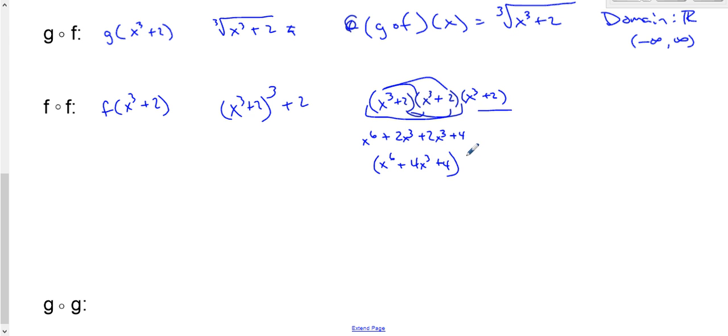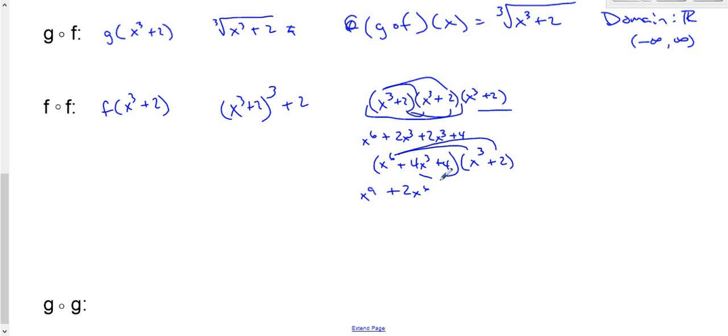And then multiply that times x cubed plus 2. We do essentially FOIL, but it's now called distribution of terms. We do x to the sixth times x to the third, which is x to the ninth. X to the sixth times 2 is going to be 2x to the sixth.